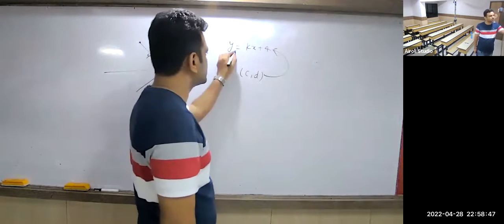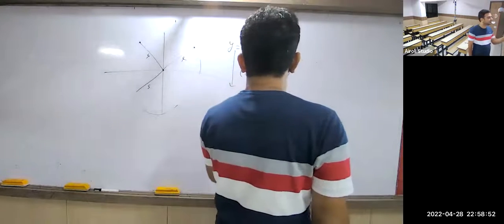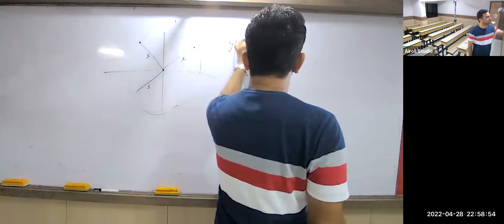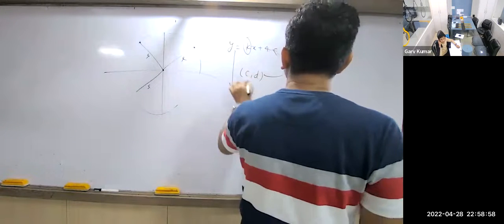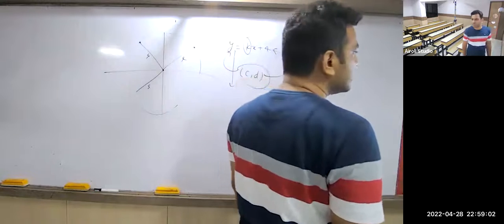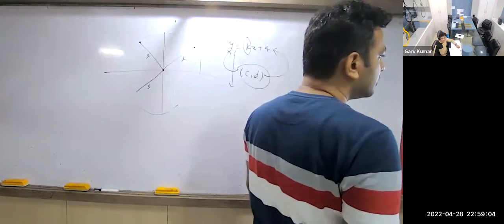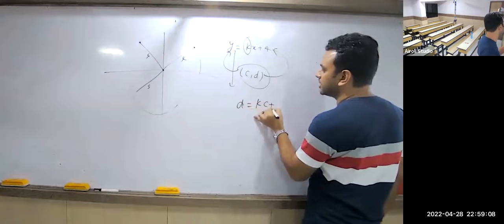ठीक है, तो अगर मैं इसकी slope की बात करूं तो slope क्या हो जाएगा? Okay, so we actually want k. This point lies on the line, so it will satisfy the equation of the line. So I'm putting d equals k times c plus 4.